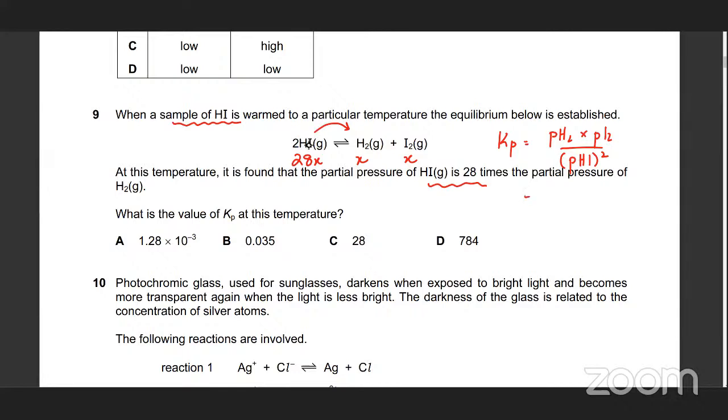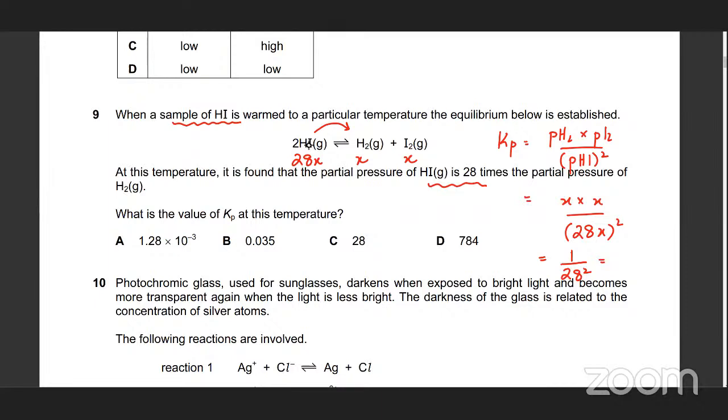Substitute the values, so it's going to be x into x divided by 28x whole squared. So the x would get cancelled out. It's going to be 1 over 28 squared. All the x are going to get cancelled out, and that's what you're going to have.